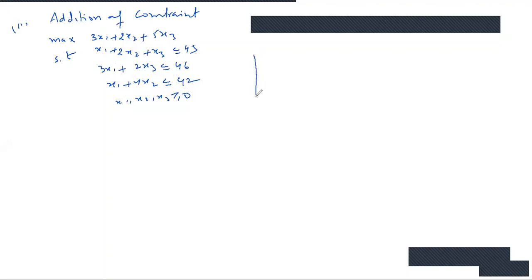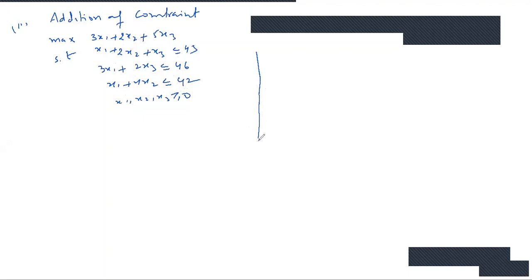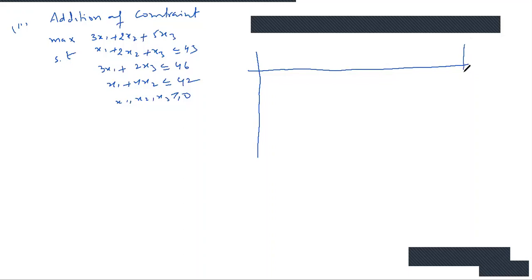Now let us draw the optimal table, which we know. Now this is a little tricky. My optimal table is x1, x2, x3, s1, s2, s3.